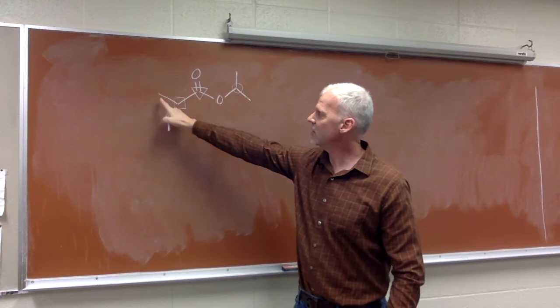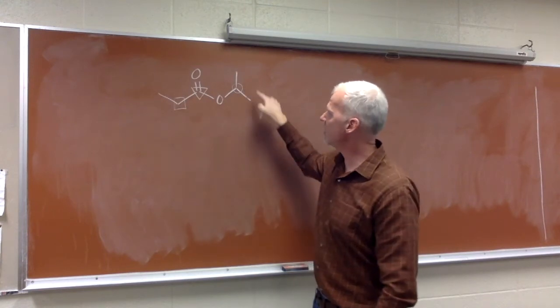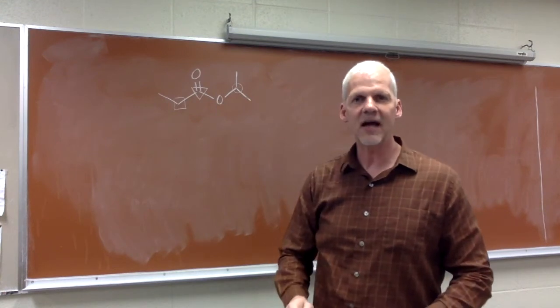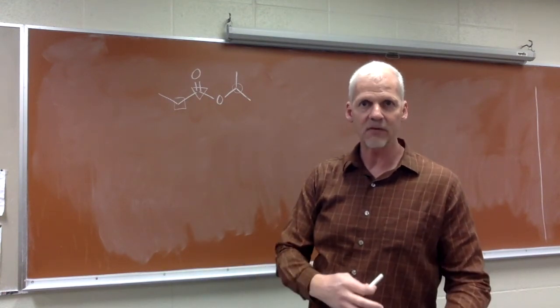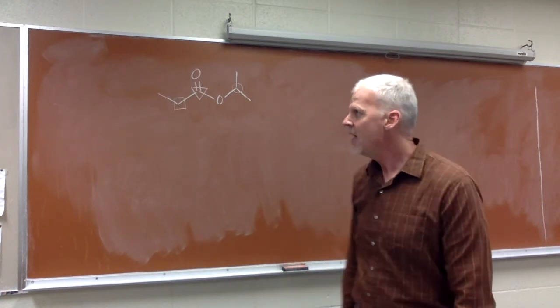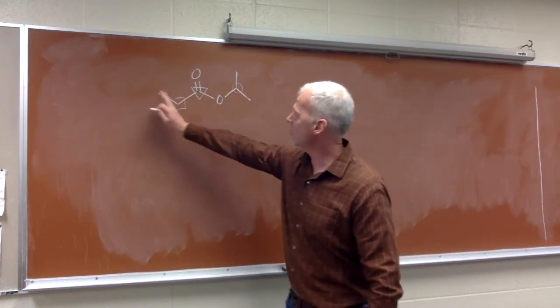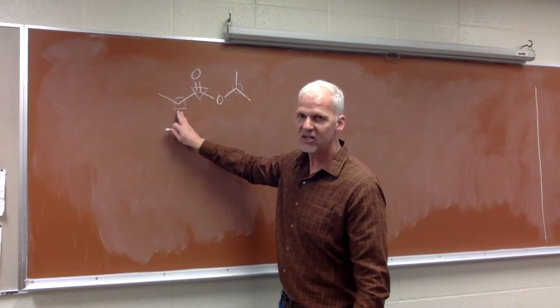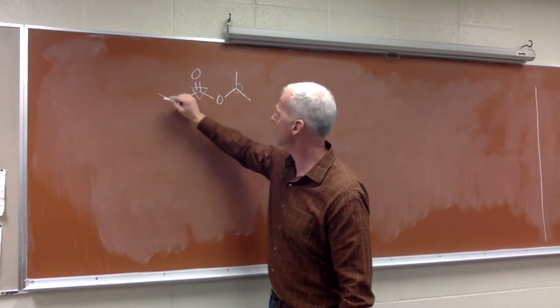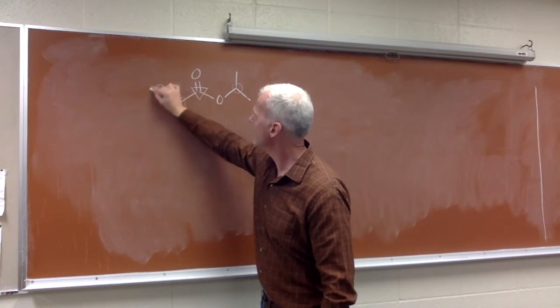And now at the end of the structure over here, and the end of the structure over here, we've got 3 methyl groups. So just like with proton NMR, this is where you have to decide, are all these methyl groups the same, are some of them the same and some of them different, to determine how many signals would be there. In this case, we've got the methyl group at the end that's bonded to the CH2. That's different than the methyl groups at this end that are bonded to a CH. So we'll put a little heart around that one.